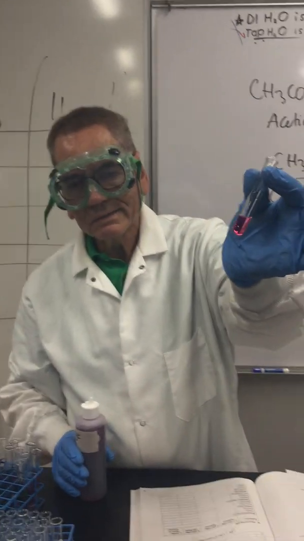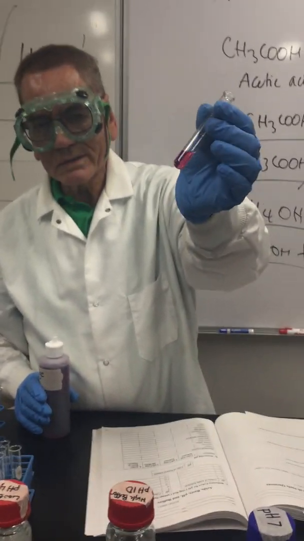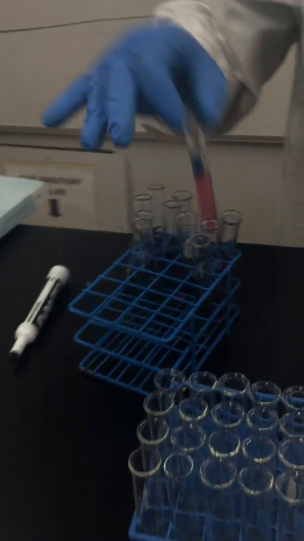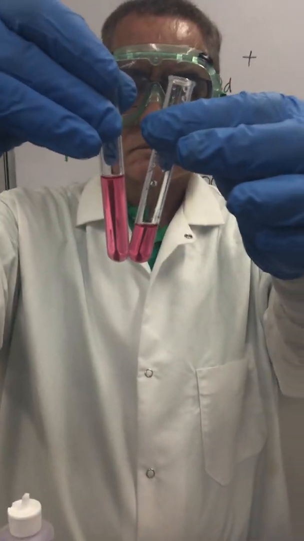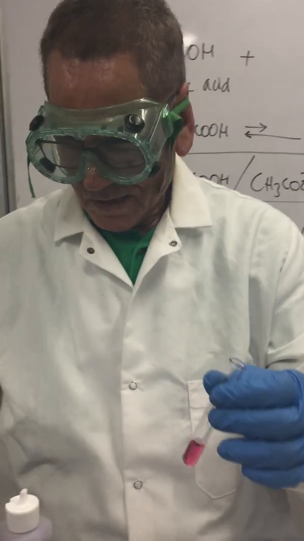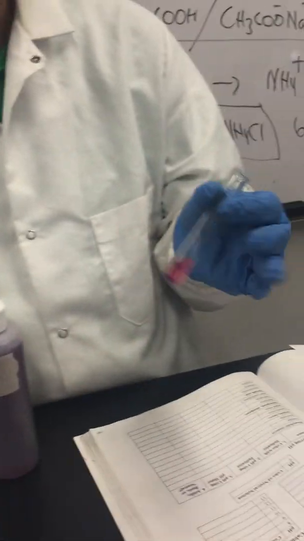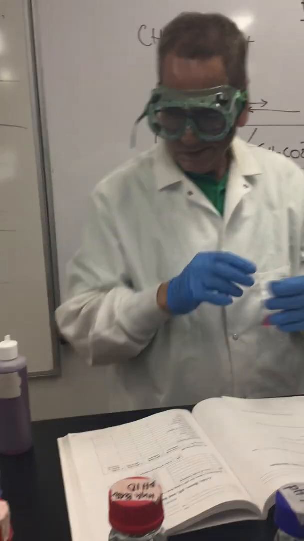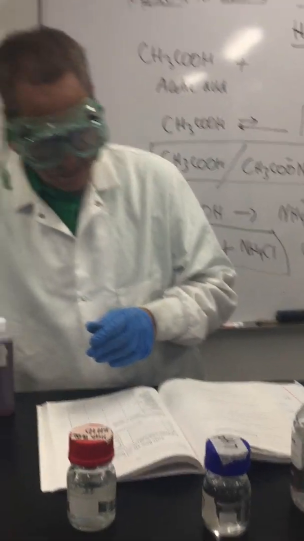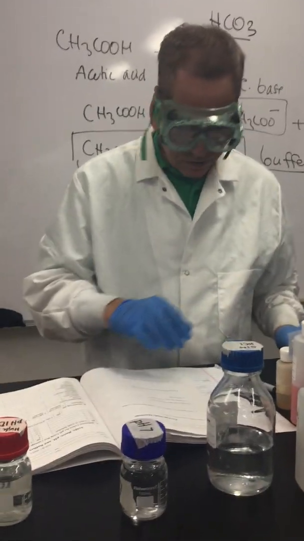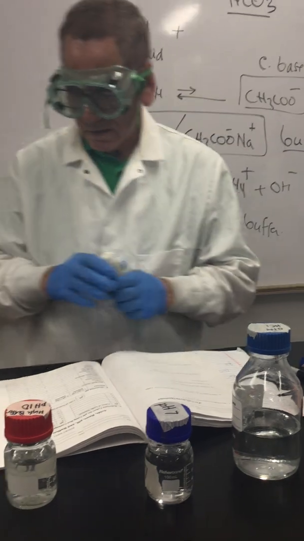That's the color I get. Compare this color to what we have. It seems to be acidic, around pH 2. Well, we know vinegar has acetic acid, so it is acidic. We know that.